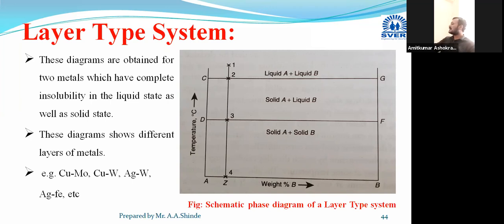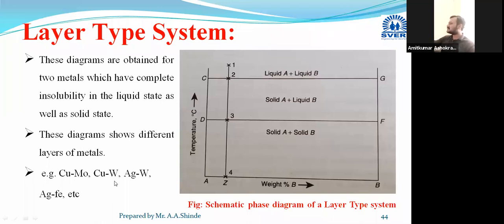Two metals are completely insoluble in each other in the liquid as well as in the solid state here. In this diagram you will get different layers of the metals at room temperature. How those layers are obtained, I will explain in the microstructural changes.